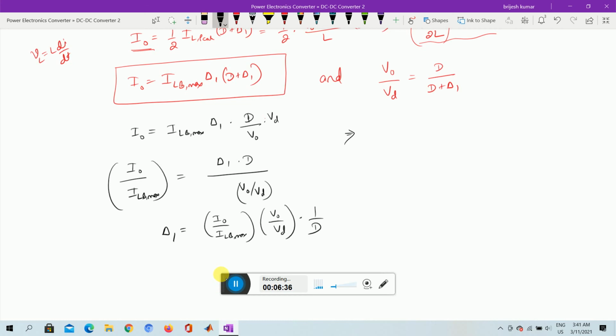So in this expression we can get V0 by Vd is equal to d by d plus this del 1 expression, which will be I0 by ILB max into V0 by Vd into 1 by d.